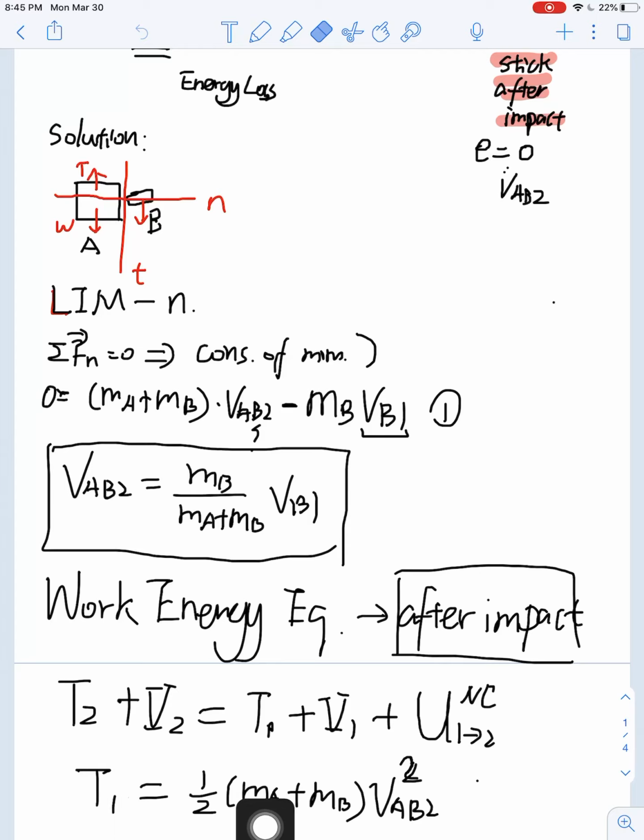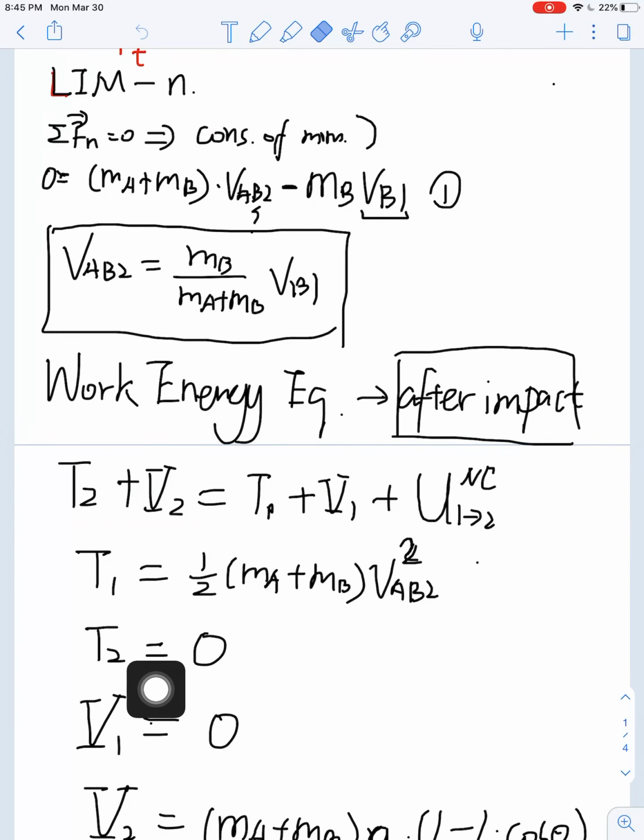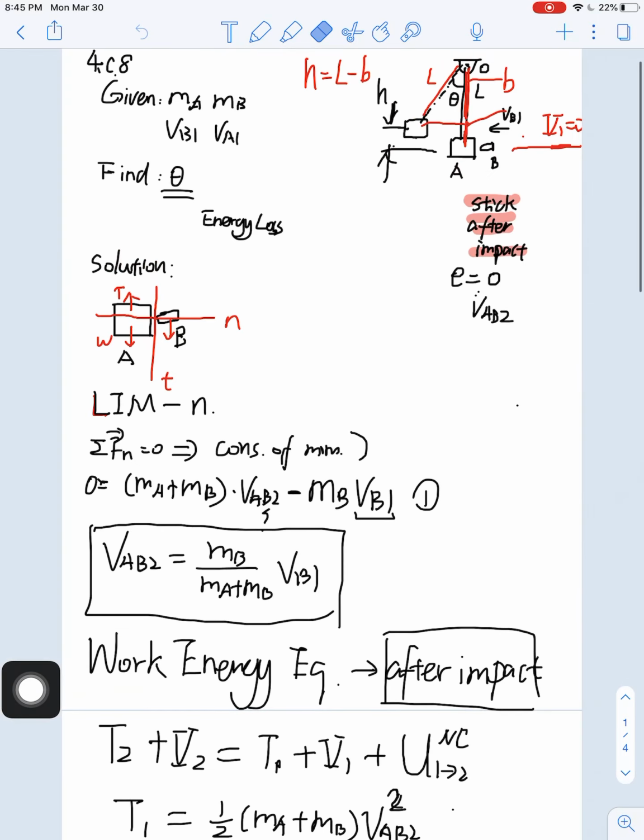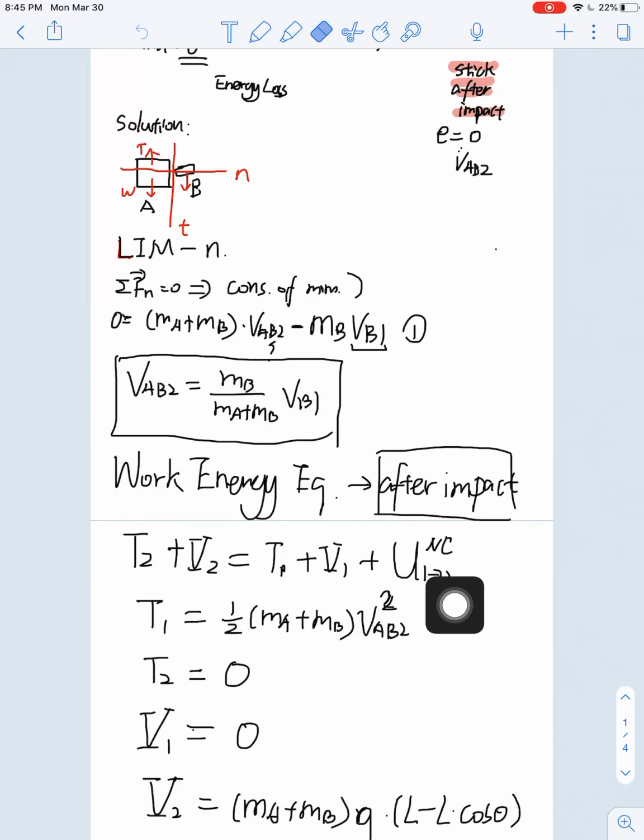So T1 equals 1 over 2 times MA plus MB times VAB2 squared. That's both the bullet and the block A moving together with the velocity VAB2, which we just found. And T2 is the kinetic energy at position 2, when the bar swings to the angle theta. We know that's the maximum height it can go, so there's no kinetic energy at position 2, and therefore T2 equals 0.